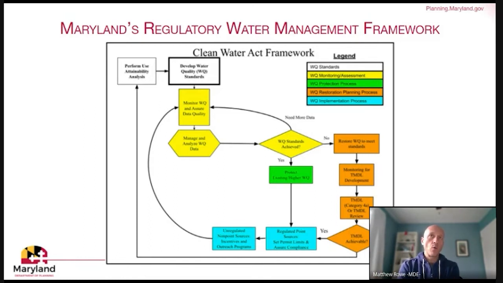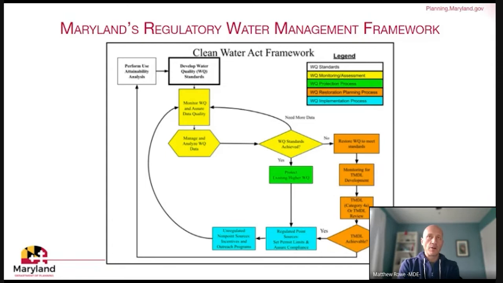Through that monitoring process, we come to an understanding of whether waters are impaired, and you may need a TMDL and have to go down a restoration pathway to restore those water quality standards. We also have a good sense of where water quality is higher, or even exceptional, that we want to protect.